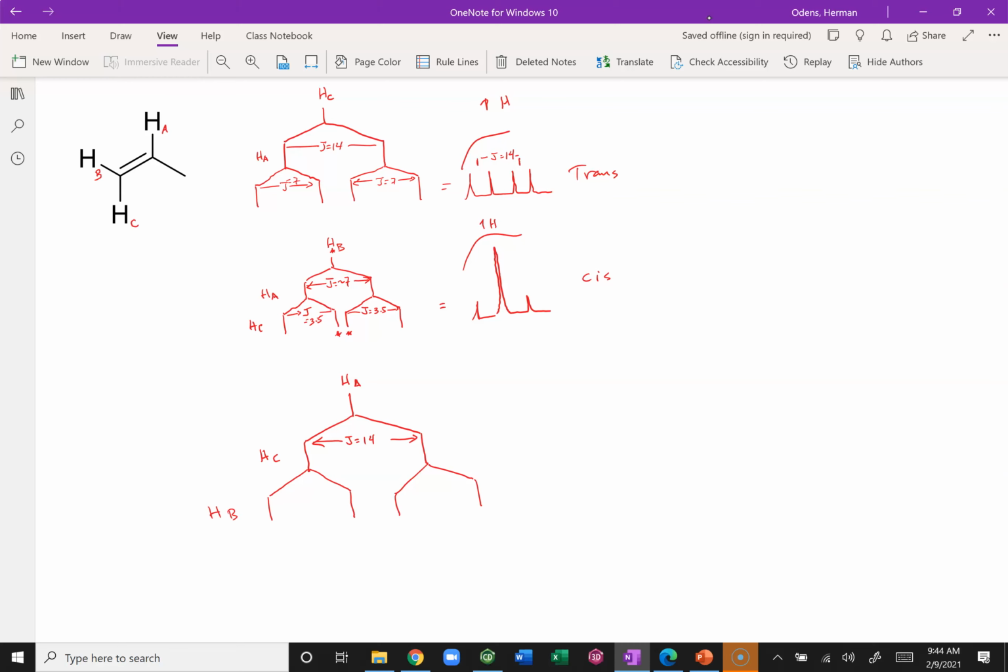And then here's where the mess starts. It's really messy. It's going to get really, really messy. And let's see if I can do this to scale. I'm going to try to do this to scale. All right. And again, this J coupling now is going to be around 7.